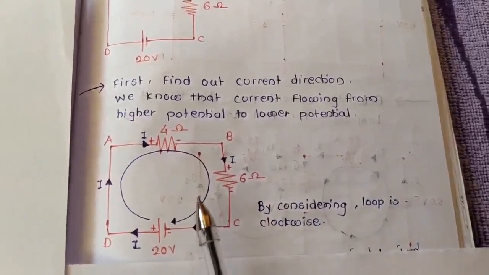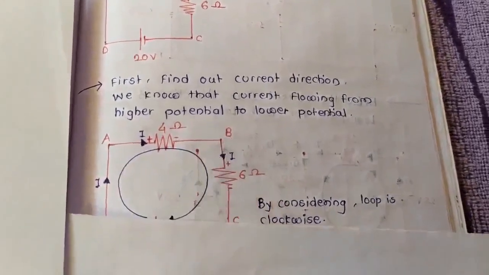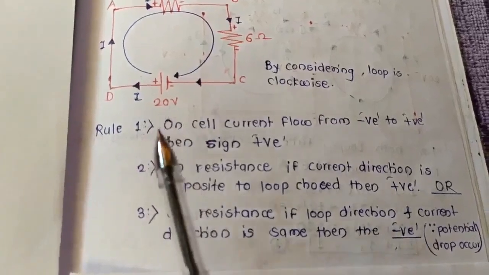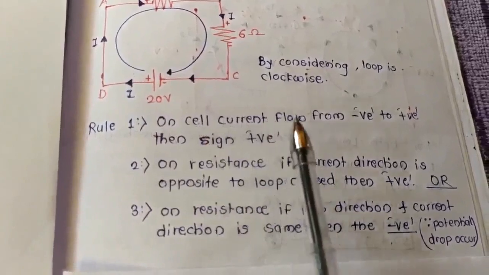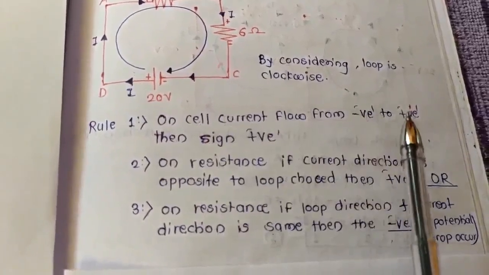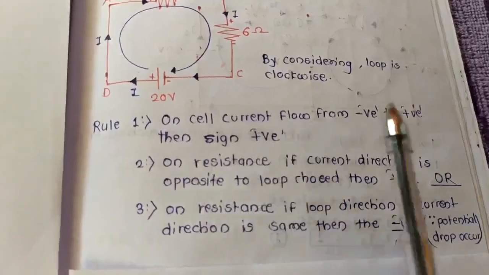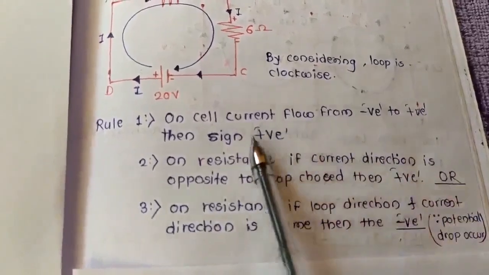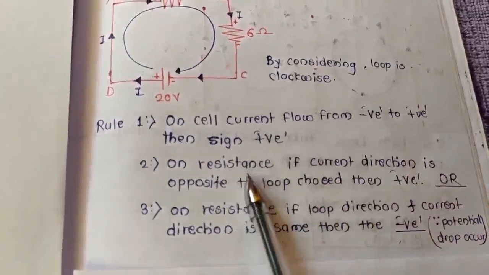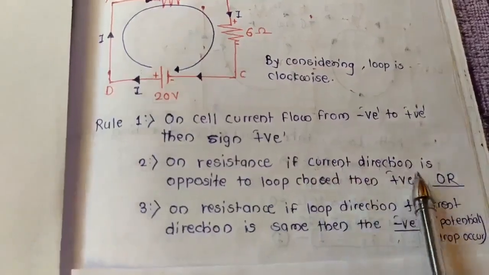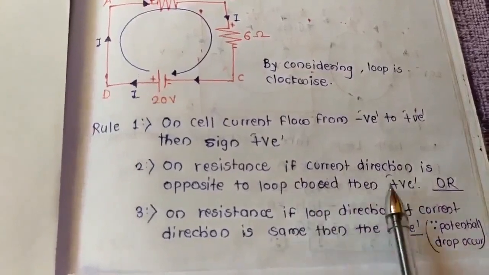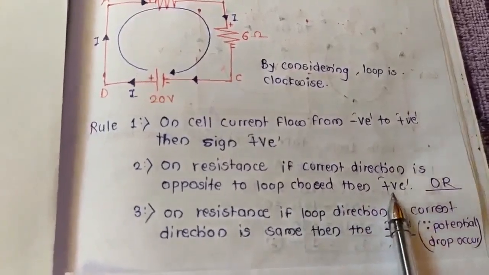Now assume the loop clockwise. We know the rules. Rule number 1: on a cell, if current flows from negative to positive, lower potential to higher potential, take the sign positive. On a resistance, if current direction is opposite to the loop direction, then positive.